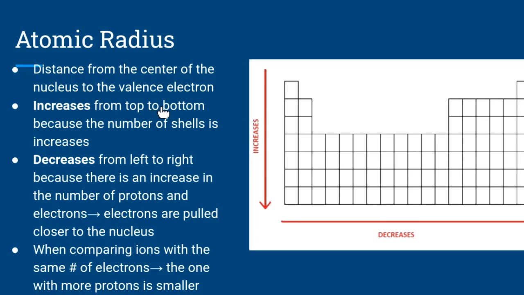So you can guess that your atomic radius is going to be increasing as you go from the top to the bottom. But as you go from left to right, your atomic radius actually decreases. And the reason for that is because you have more protons, so they're able to pull the electrons closer towards the nucleus, making the radius smaller.